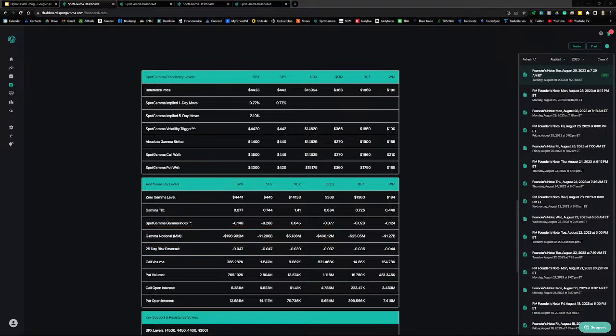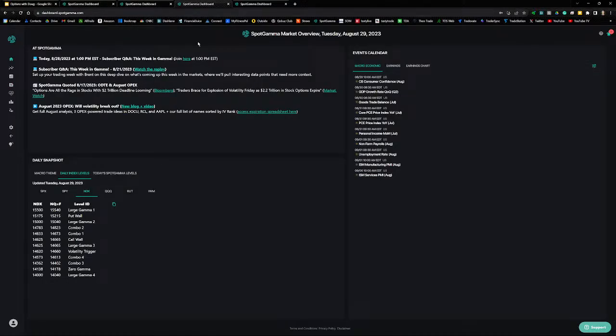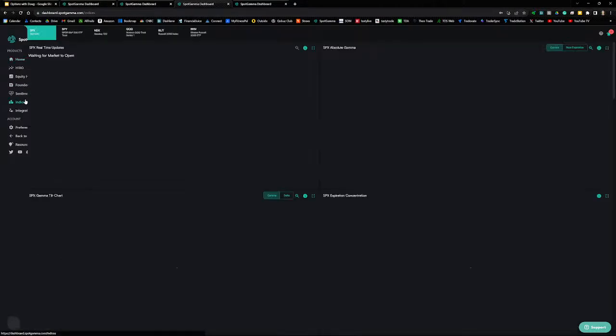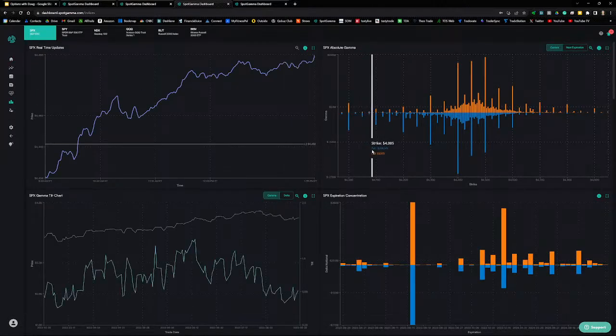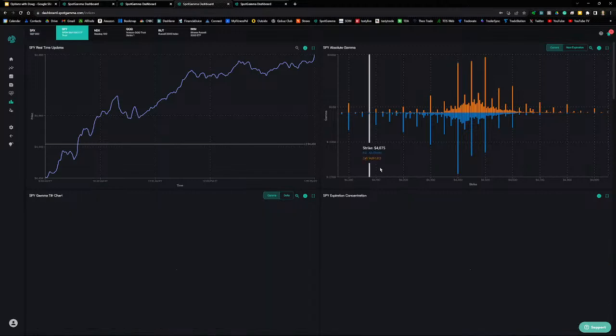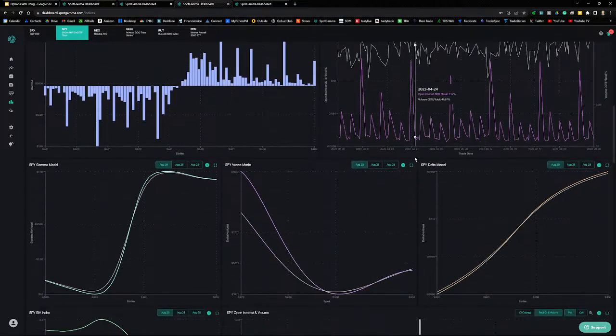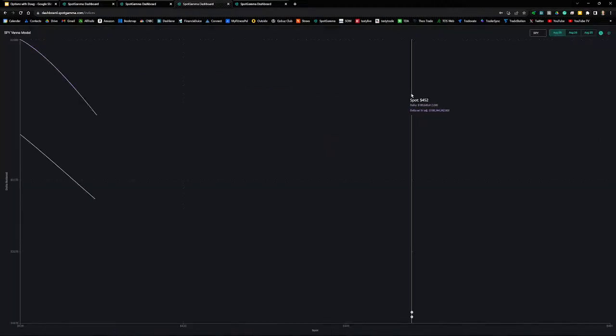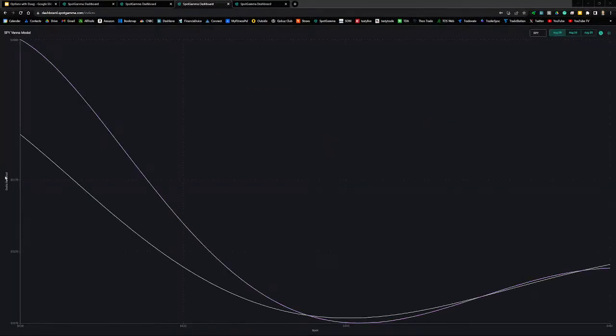All right, let's take a quick look at the Vanna model. We can see what this means in a graphical representation here. I'm going to take a look at the SPY Vanna model. So what this chart is showing is market makers' delta notional, delta exposure on the vertical axis, price on the horizontal axis. There are two curves on this chart. The gray curve is showing how market makers' delta notional changes with changes in price only.